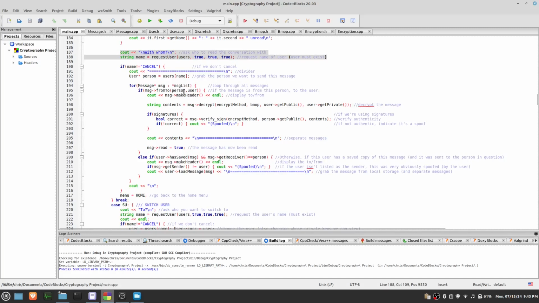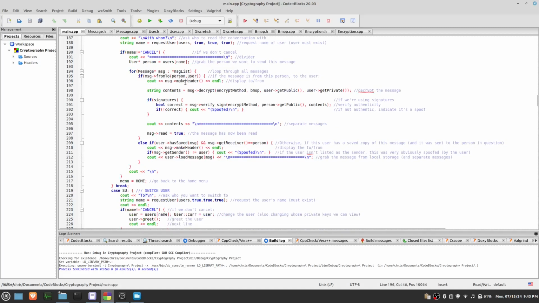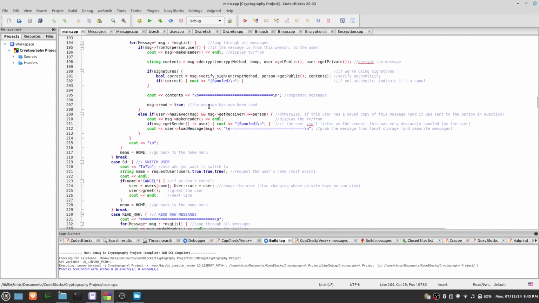We loop through all messages, and if it's to me from them, then we make the header, we decrypt the message, and then display if it's been spoofed unless there are no signatures, and then we display the decrypted contents, and then we also say that the message has been read.